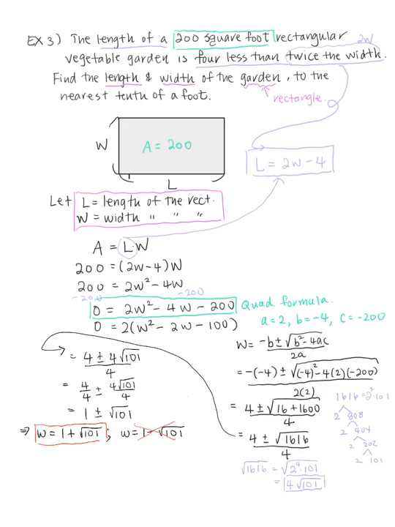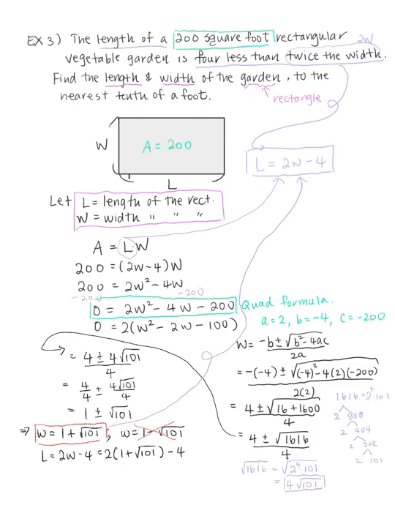And then how do you find the length? Well, let's go back to the formula that we wrote earlier. So I'm just going to have to cut through like this. All right, so here is the formula for the length. Since our length is given by 2W minus 4, we're going to have 2 times W, which is 1 plus the square root of 101, and then minus the 4.